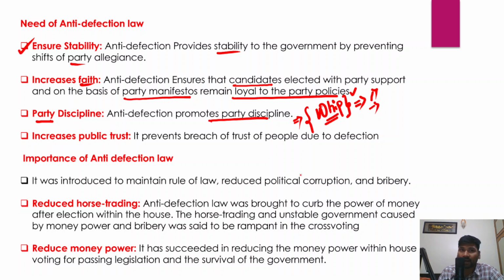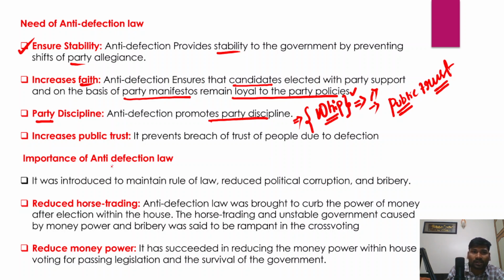It also plays a very important role in further strengthening public trust, public confidence, and even goodwill in the elections, and also in the democratic ethos and democratic values, because the anti-defection law is aimed at preventing corruption, horse trading, and members shifting political parties solely based on their narrow personal interest.